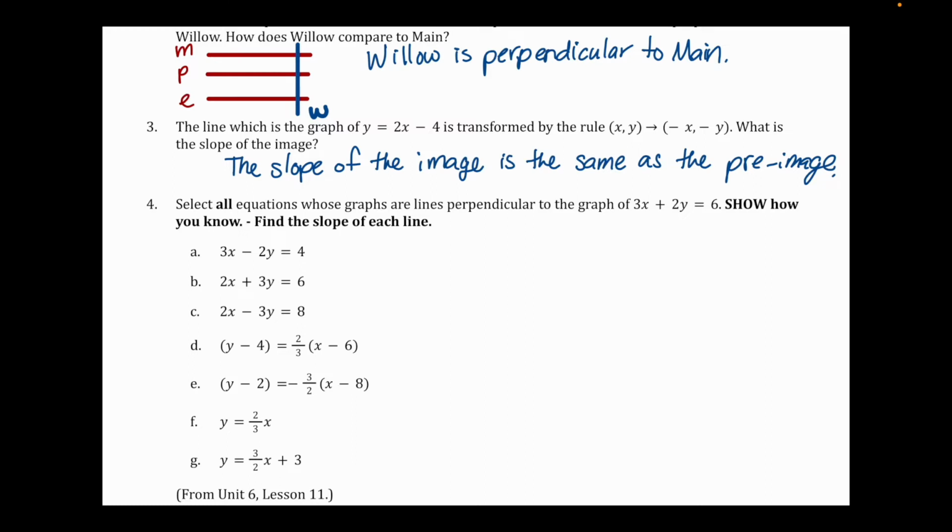What's the point that works here? Oh, we could just use the y-intercept. We would have 0 comma negative 4, which would become 0 comma 4.